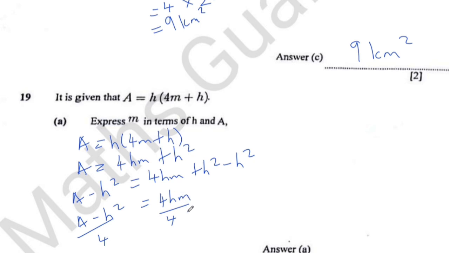So we divide by 4h on both sides. On the right side we're only left with m, and on the left side we're left with a minus h squared over 4h. So finally our answer will read: m is equal to a minus h squared, all divided by 4h.